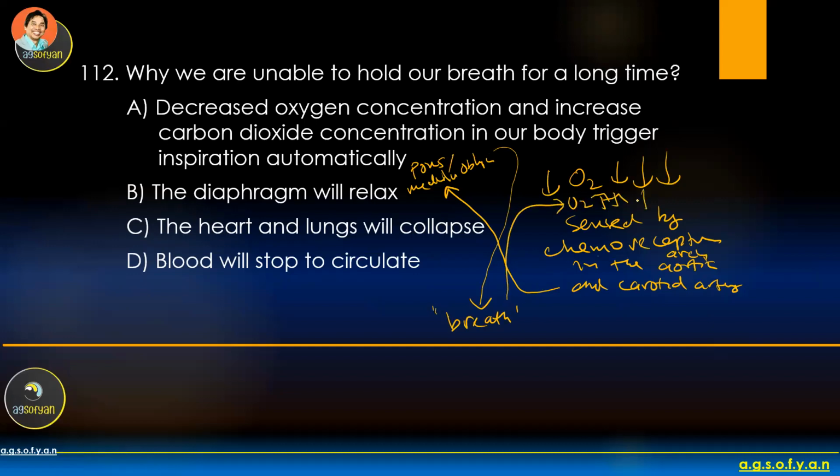So we cannot really hold our breath, because automatically we will be inhaling the air. Decreased oxygen concentration and increased carbon dioxide concentration in our body trigger inspiration, inhalation. We will inhale the air automatically.